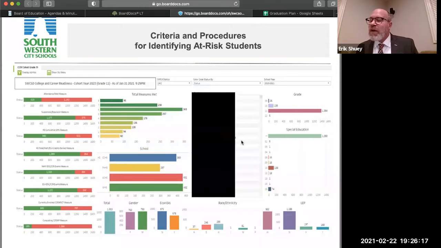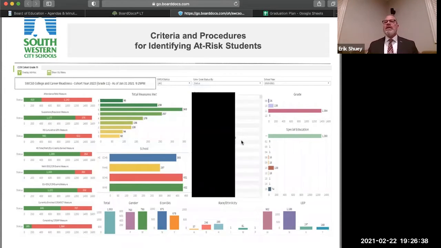Are they credit current? Are they passing their end of course exams that are required for graduation? Have they taken any college career readiness or AP courses or exams? Are they currently enrolled in any career technical program that leads to industry recognized credentials?